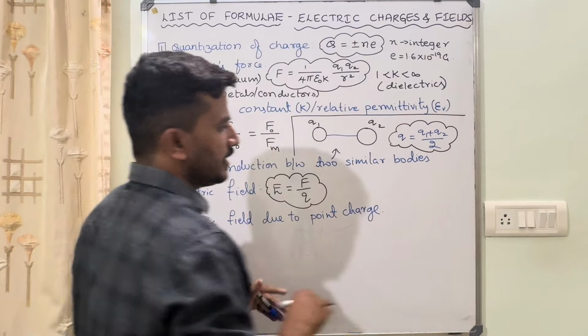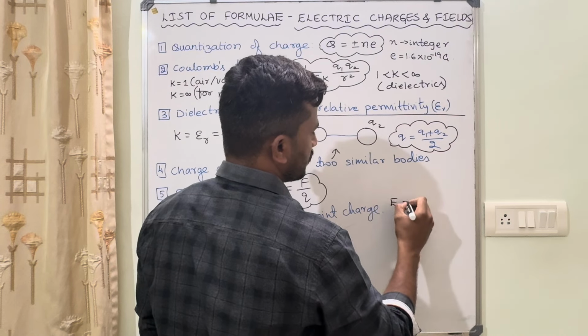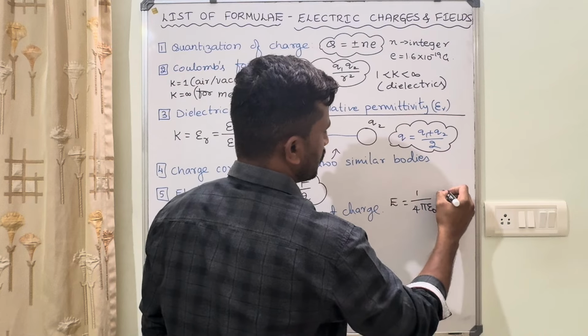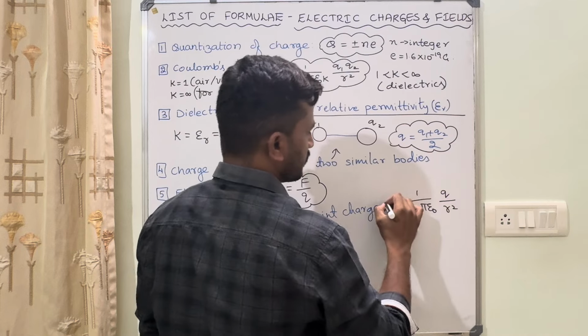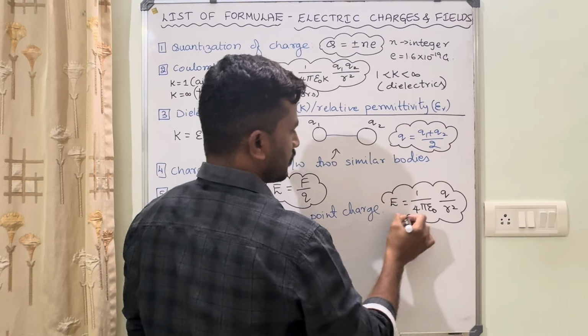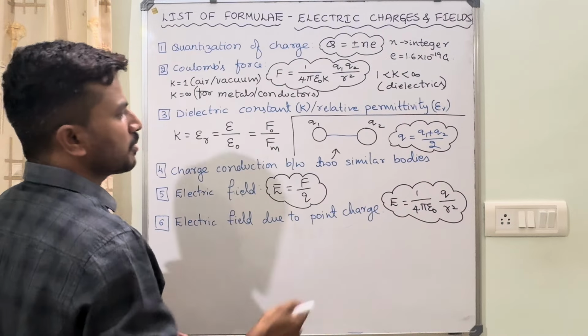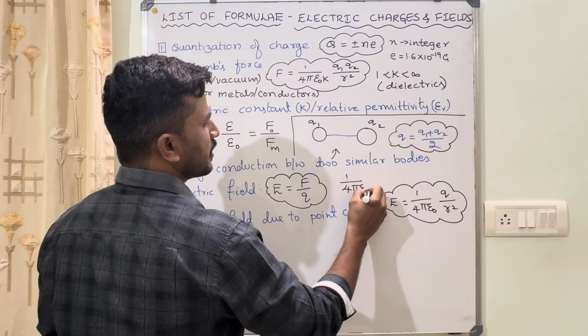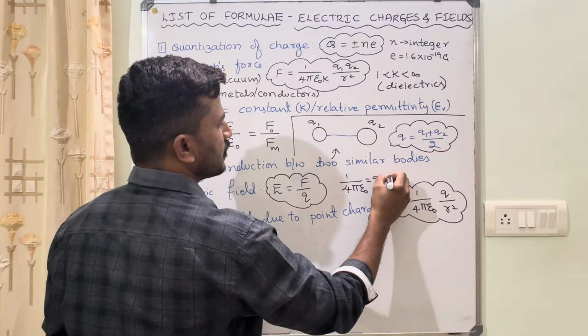So what is the formula? E is equal to 1 over 4 pi epsilon naught Q divided by R square. What is the value of 1 by 4 pi epsilon naught? Its value is 9 into 10 to the power 9.